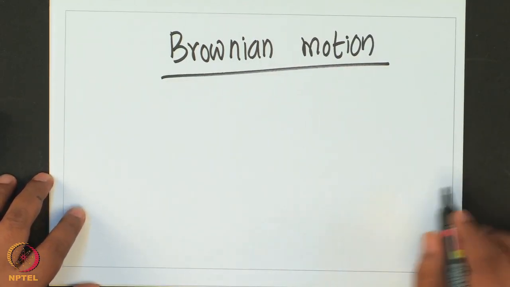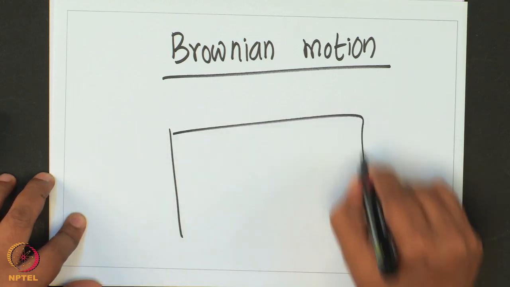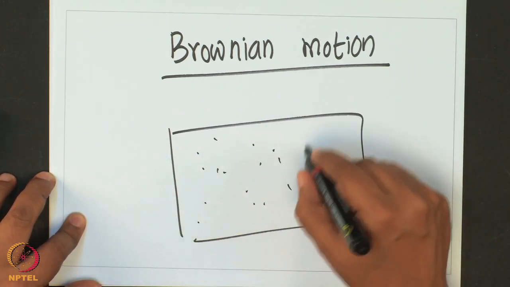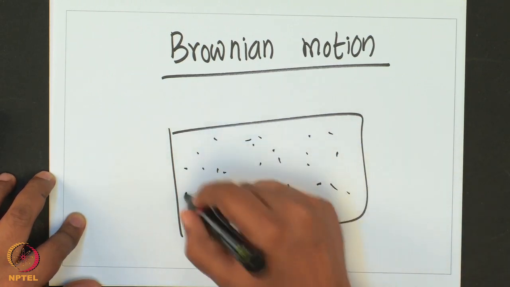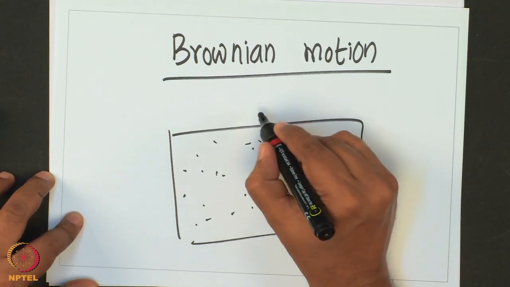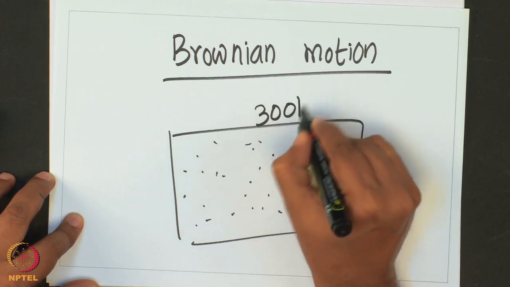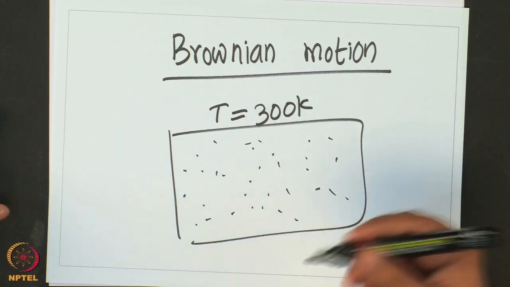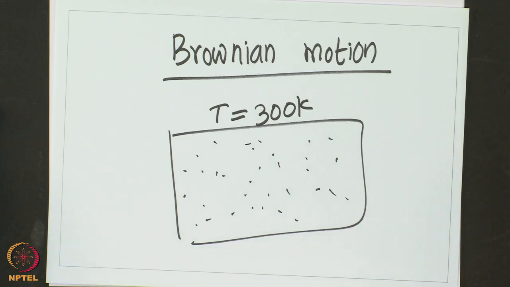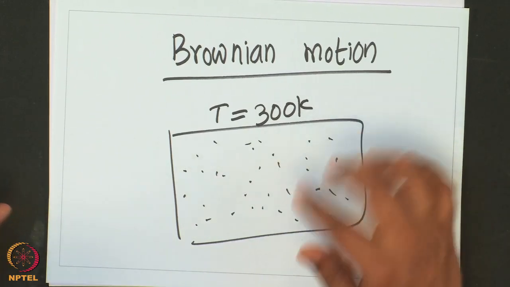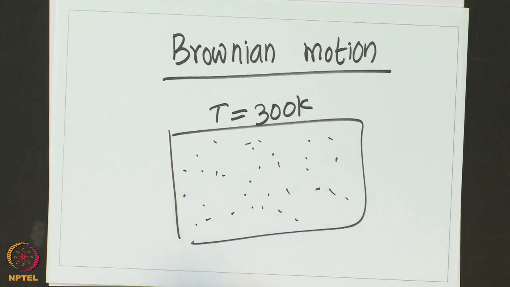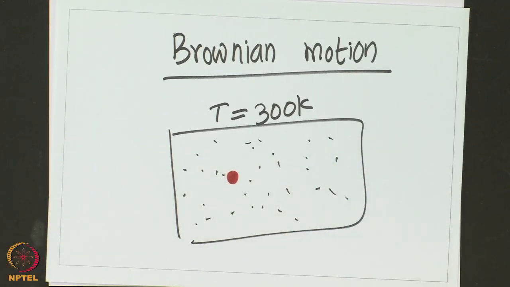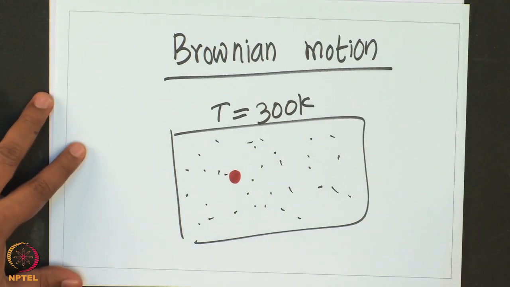If I take water at 300 Kelvin, or room temperature, or 310 Kelvin, the typical temperature that you would want, and you put protein molecules in this water, these protein molecules will randomly move around.